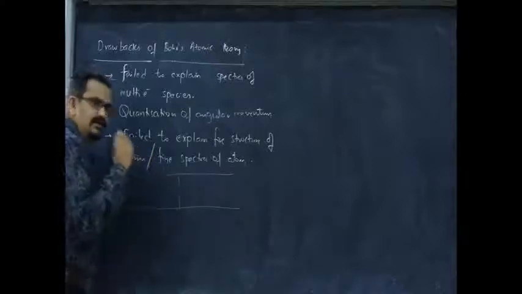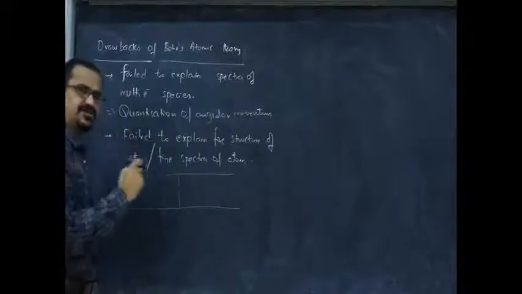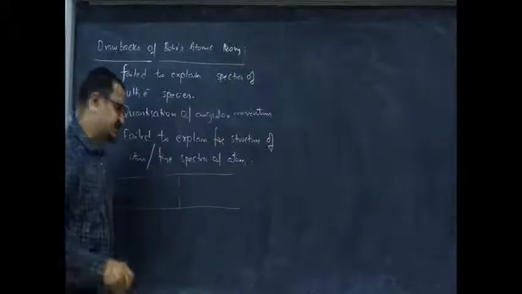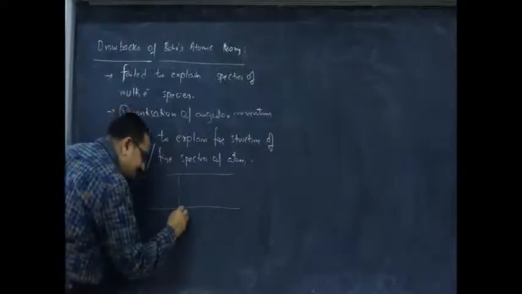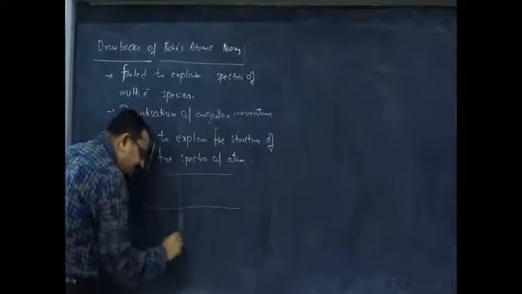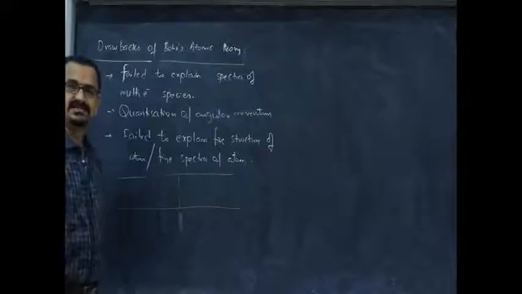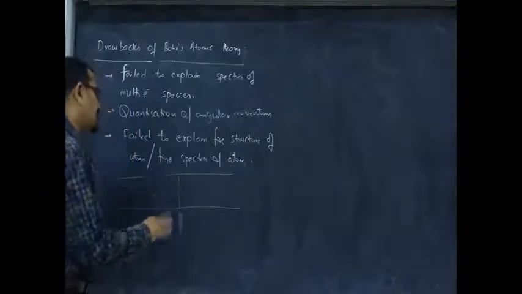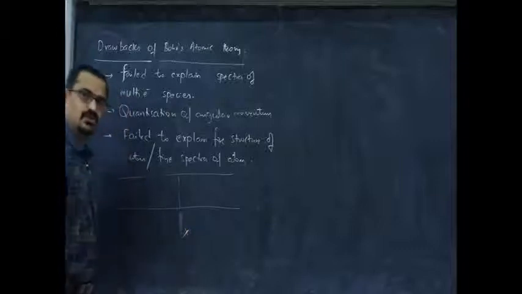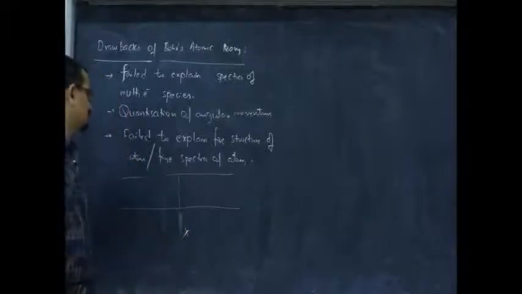When using powerful, more efficient spectroscopic equipment, when they analyzed each spectral line, they noticed that each spectral line is again formed as a combination of several closely spaced lines. This is called fine structure or fine spectrum of atom. So this fine spectrum was also not explained by Niels Bohr.